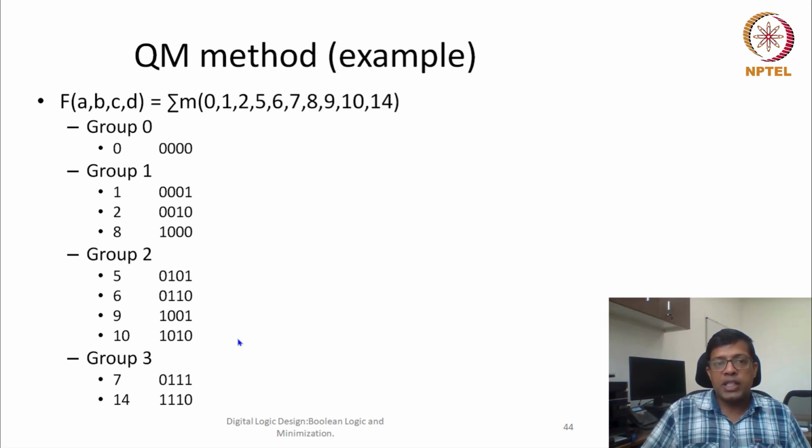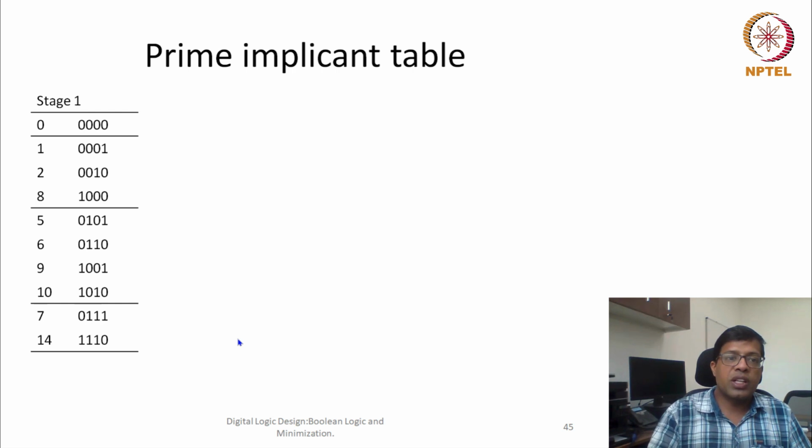So let us see it in even more detail in this particular example. First, in stage 1, we will write all the min terms, and also we'll note group 0, group 1, group 2 and group 3. We are not explicitly writing group 0, 1, 2, 3, it's there in our mind, and these horizontal lines help us separate the boundary between group 0 and group 1, and between group 1 and group 2.